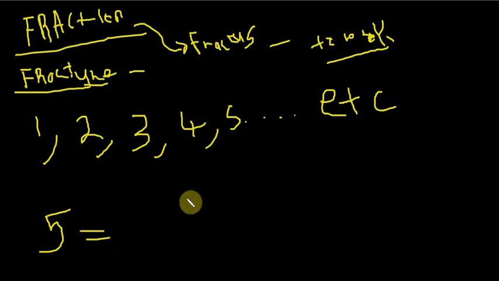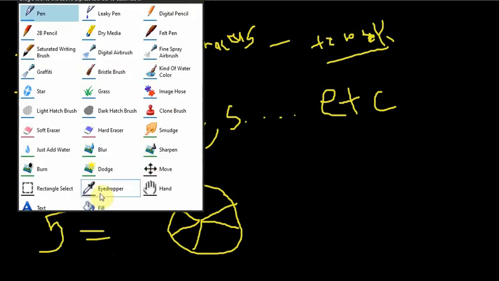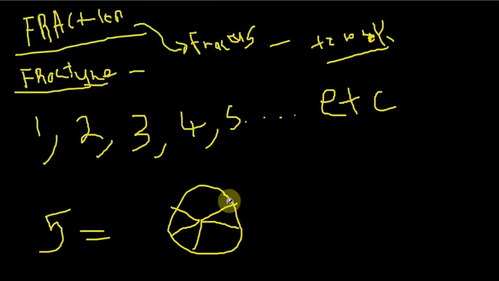So 5 would mean, for example, let's write it as a pie, and this pie had 5 pieces: 1, 2, 3, 4, 5.